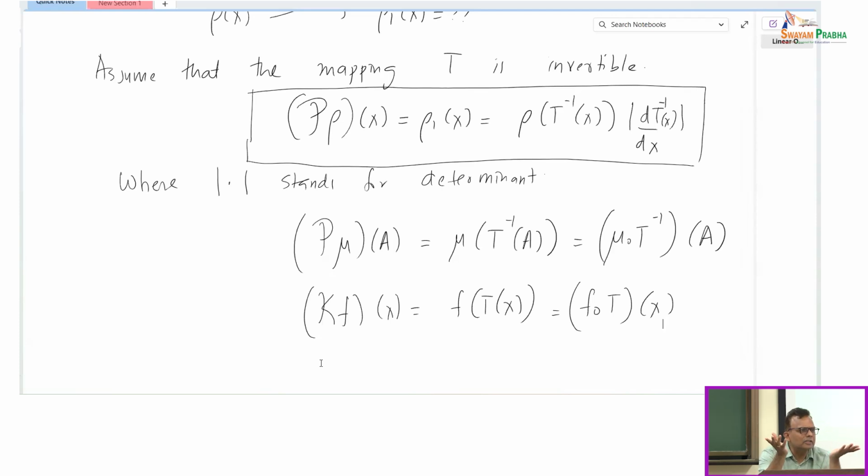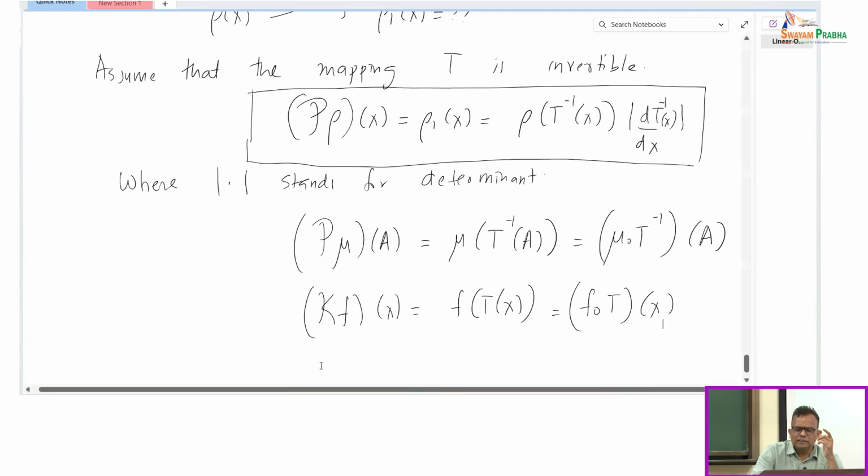If you are in a three-dimensional space and I give you a set, the Lebesgue measure of that set will be the volume of the set, right? So that's the example of a Lebesgue measure. Of course, the Lebesgue measure is one example. You can construct various different measures, right? And that's the measure space, right?